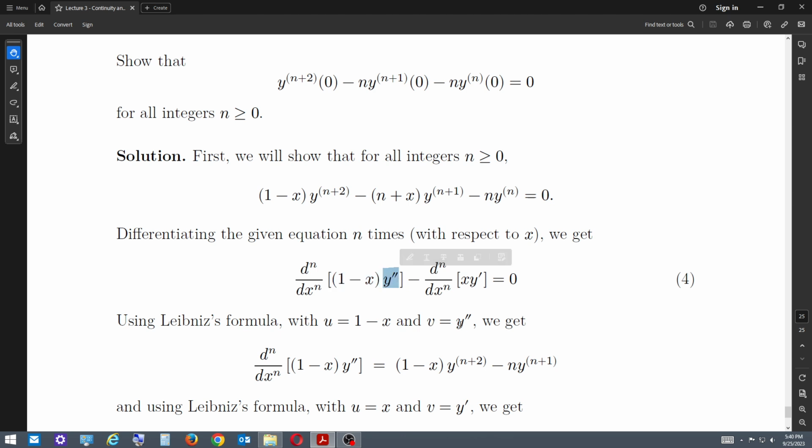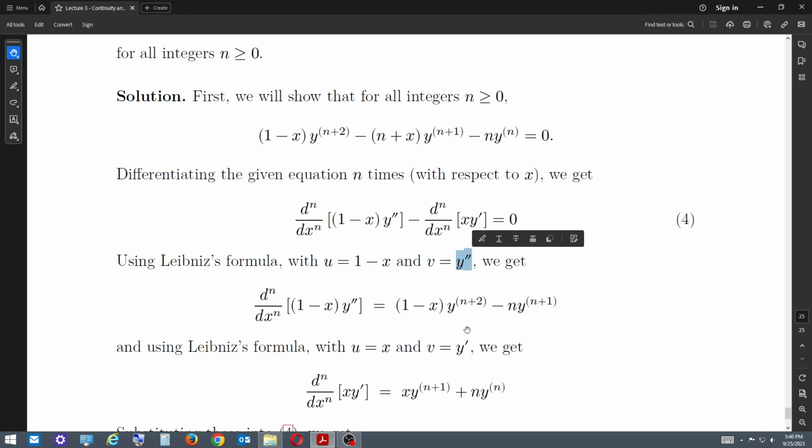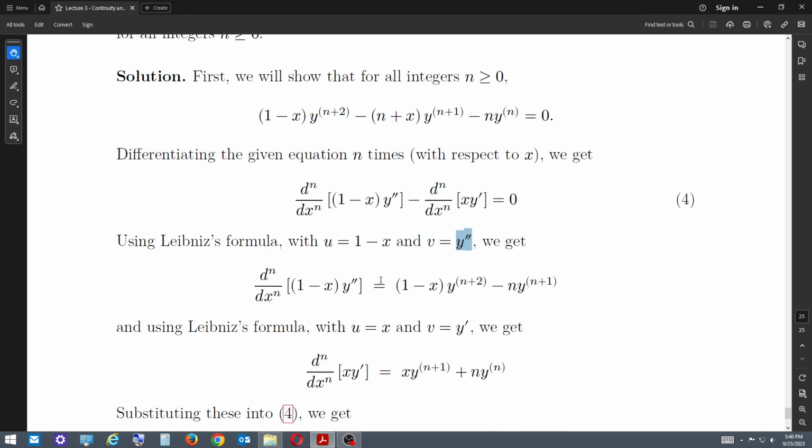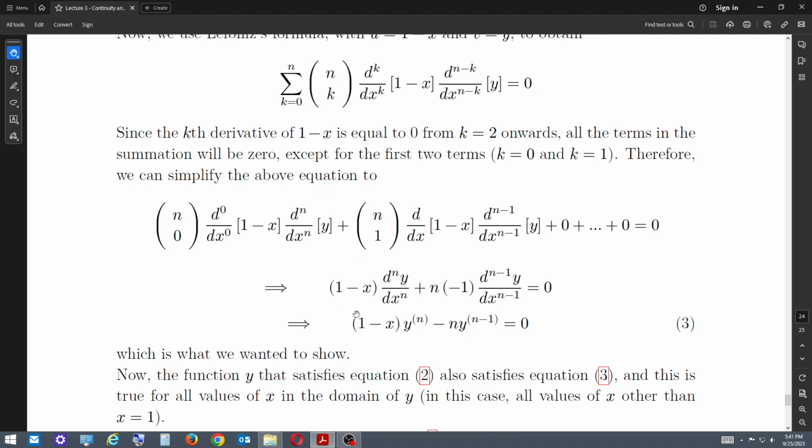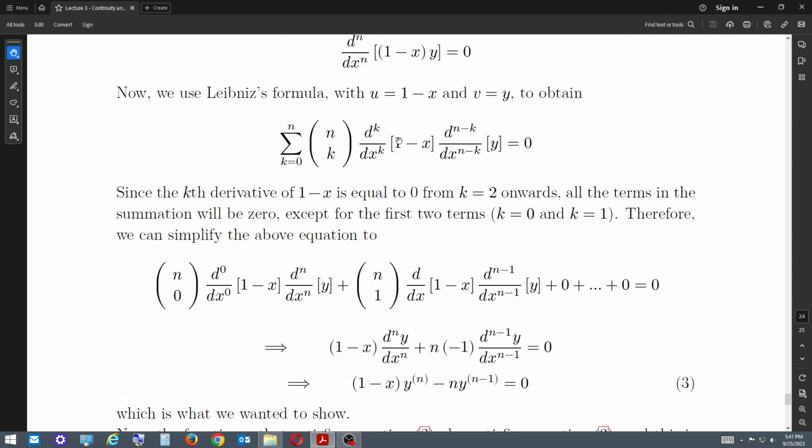So v is y double prime. Now, when you're using Leibniz's formula here, this works out similarly to before. We have the exact same u. So from the third term onwards, it's just going to be 0. So it's just the first two terms I have to look at.